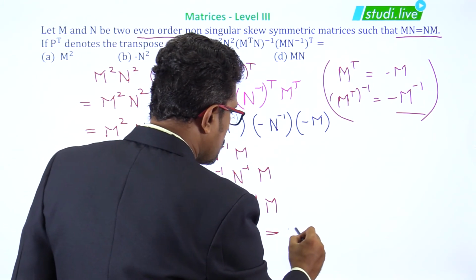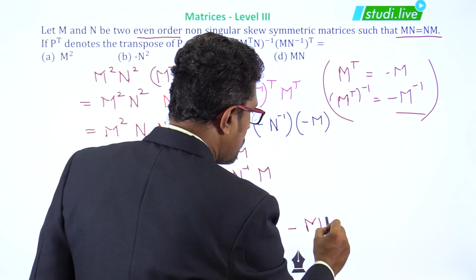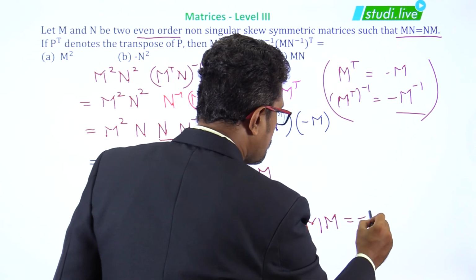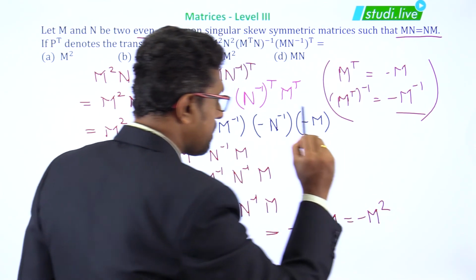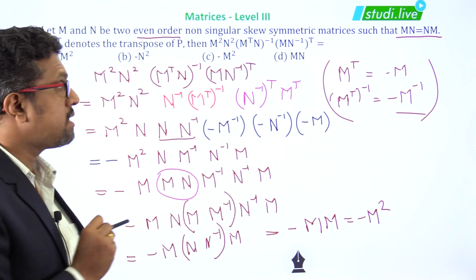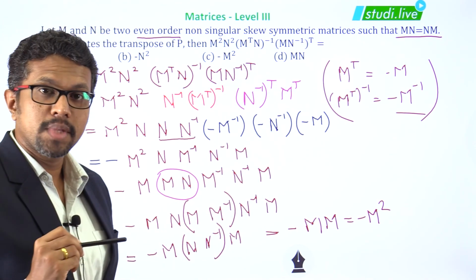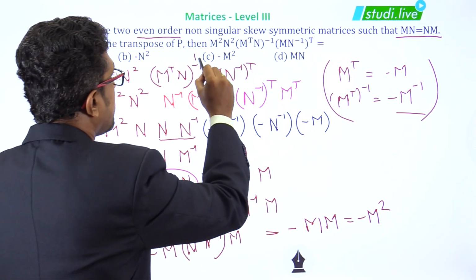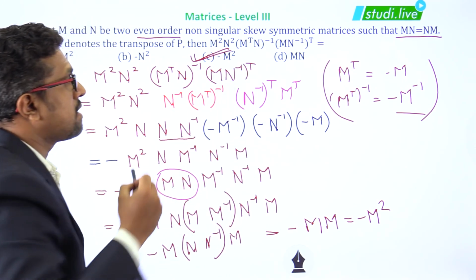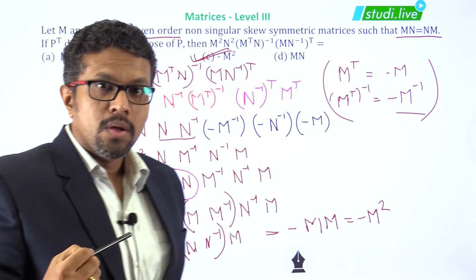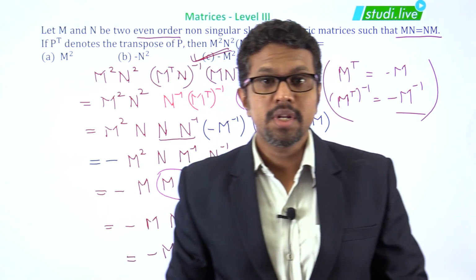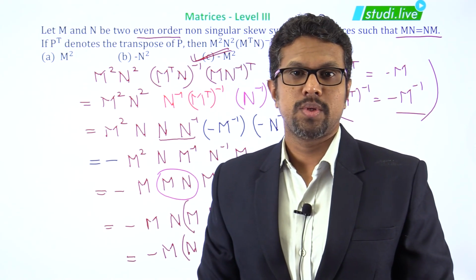So you will be left with only minus M into M, which is minus M square. This is the required answer for this entire term. So the correct option for us is minus M square. Hopefully this question was understood by everyone. Let us go to the next question.